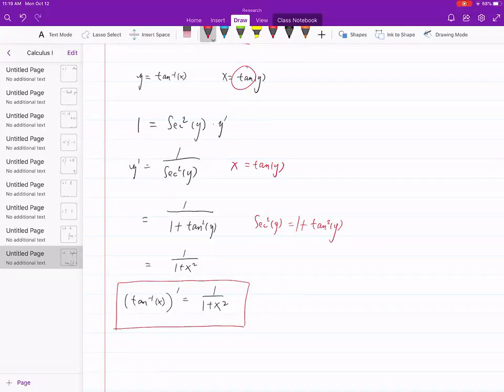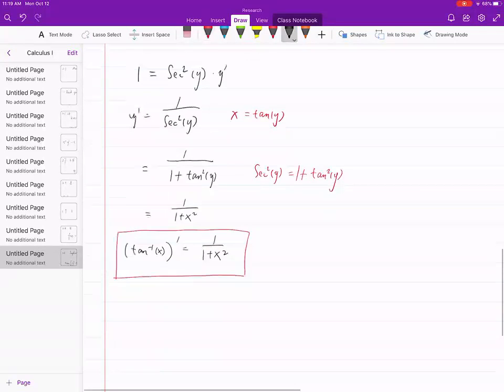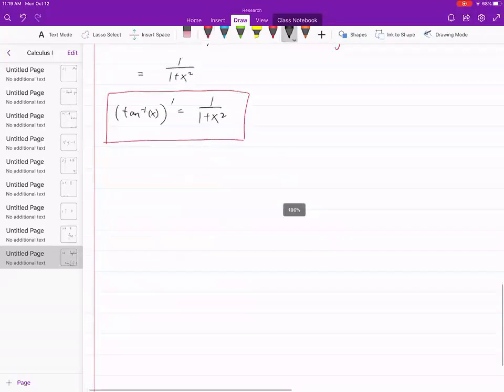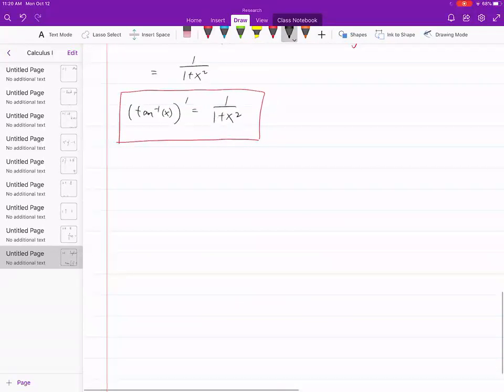Okay. Knowing everything about tangent, you will be able to do this. And once you figure it out using implicit differentiation, you can find tangent inverse. The details you can check back later by rewatching the notes. It's really not important here. Just very, very quickly.